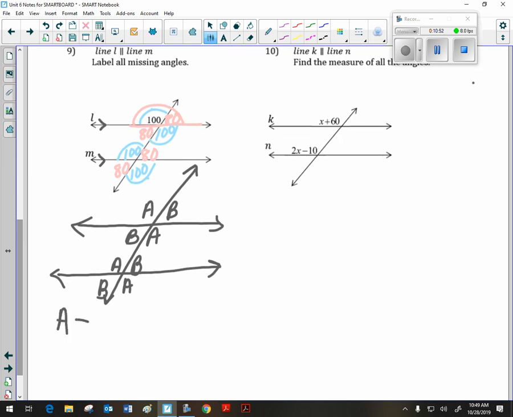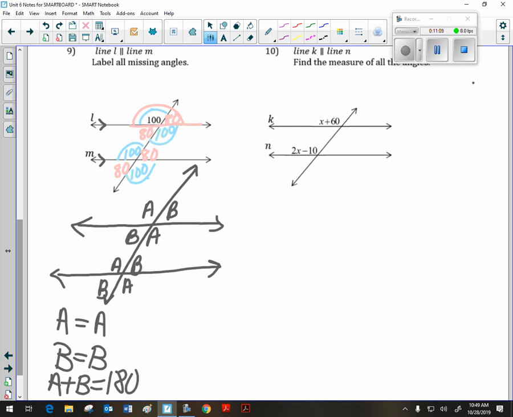Anytime the two angles you're looking at both have A's, they're equal. Anytime they both have B's, they're equal. If you have one A angle and one B angle, they add up to 180.